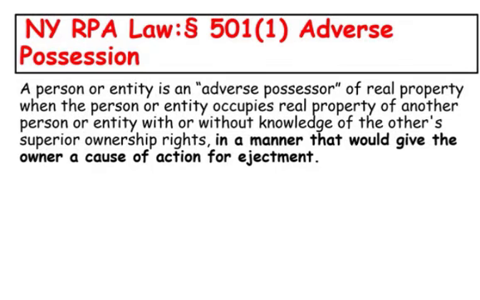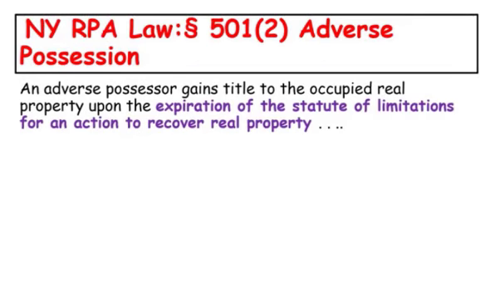So acting in that manner, that's the trigger that starts the clock for adverse possession. And then an adverse possessor gains title to the occupied real property when that statute of limitations, triggered by the action that gave right to a cause of ejectment, expires. So these are interlocking definitions.